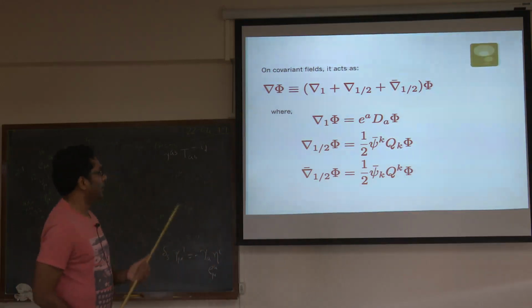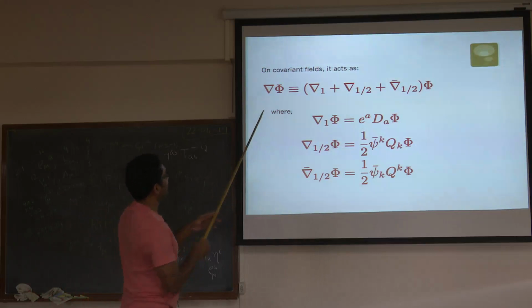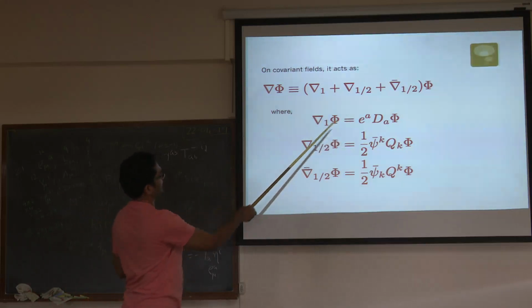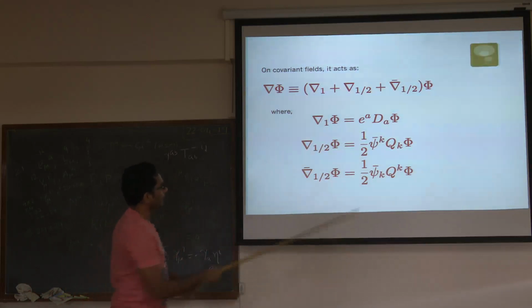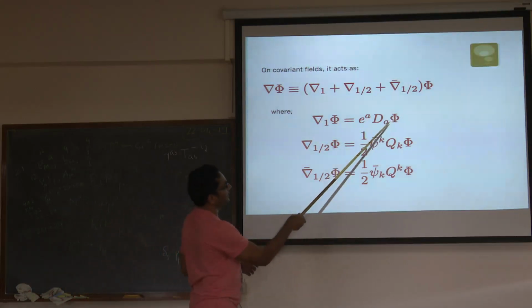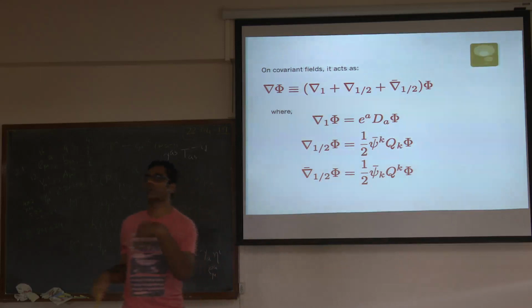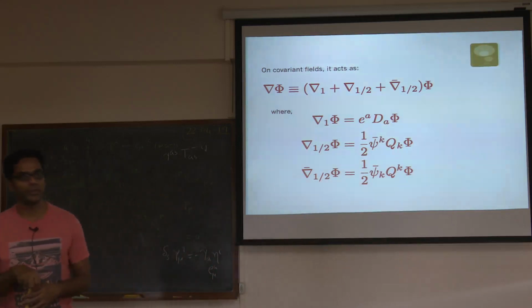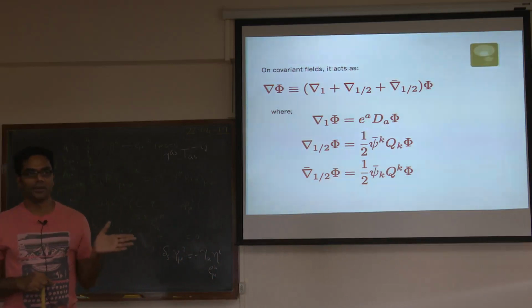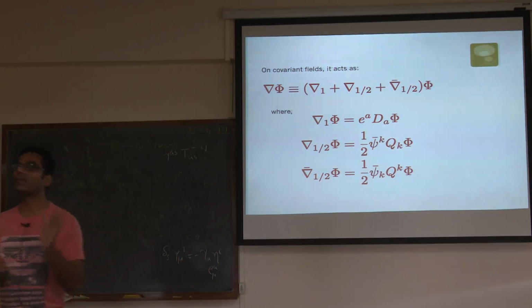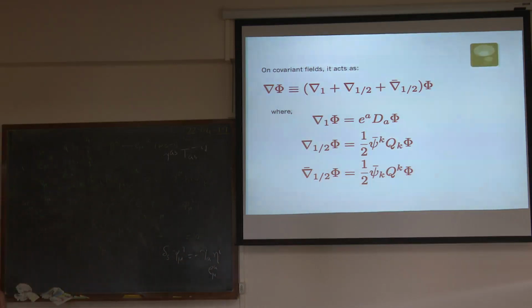The way we write it is like this, where these are defined here. This D_A phi is the fully super covariant derivative of phi. Fully, it is super covariant under all transformations including Q supersymmetry.